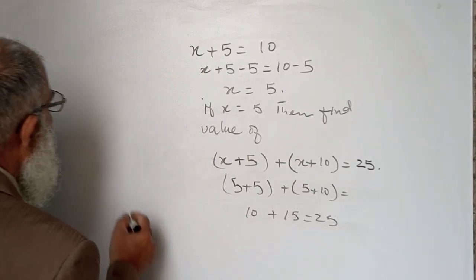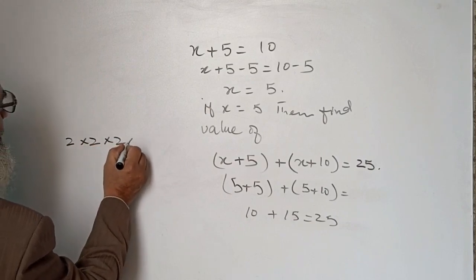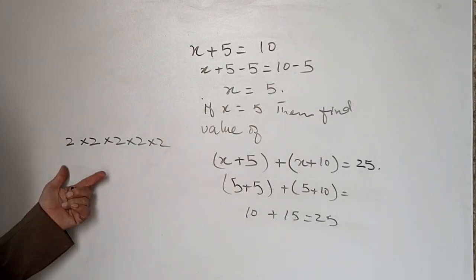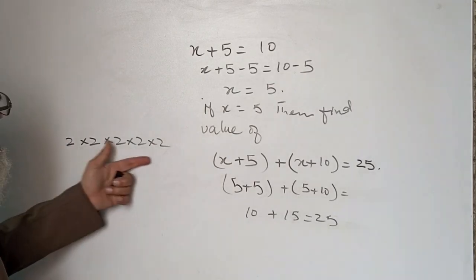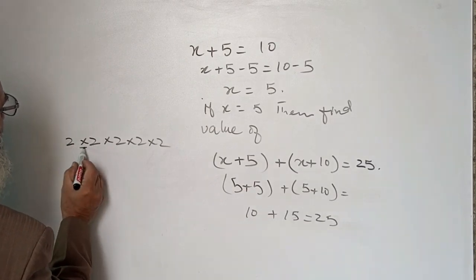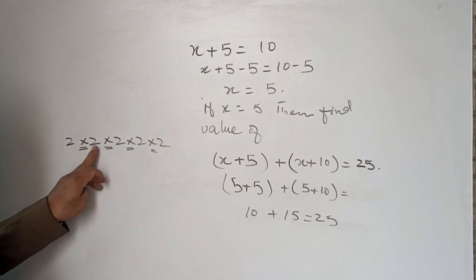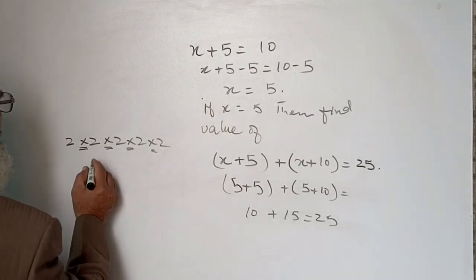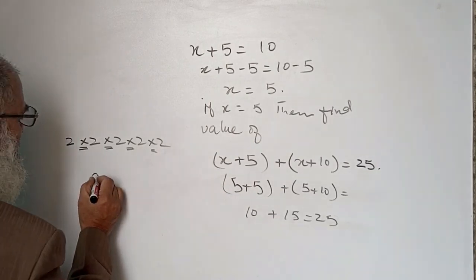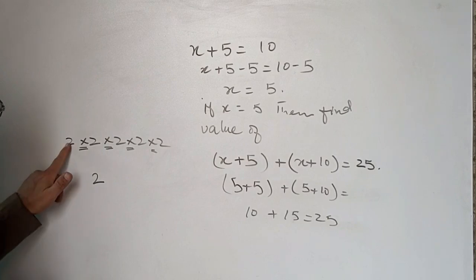Then we were doing some index. You see that it is written like this. If bases are the same, now these are the bases, and you can see a multiplication sign in between each of the digits. So we just write one base, and that is 2.